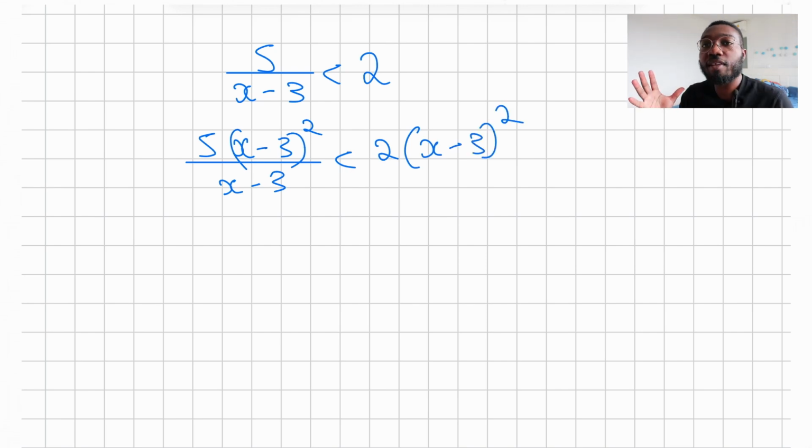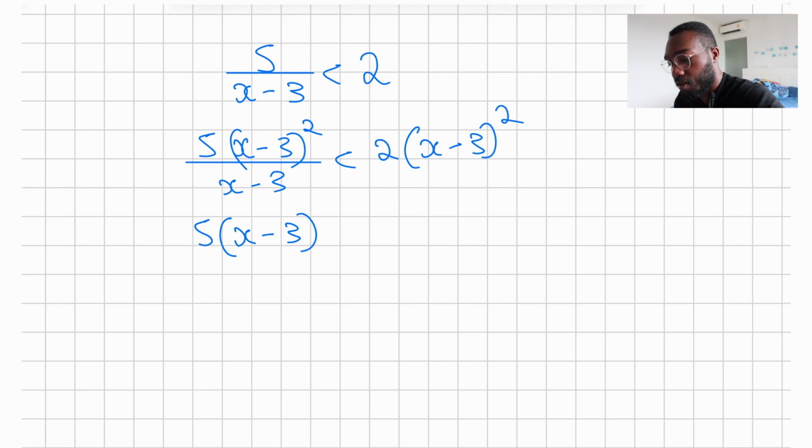Whatever the denominator is, we just times that twice. We pretty much square it and then times it. If we work this out, we will get 5(x minus 3), because this cancels out with this, and that is less than 2 times the squared bracket.